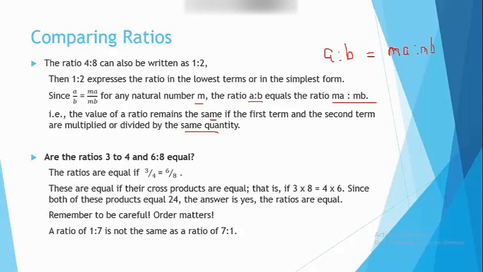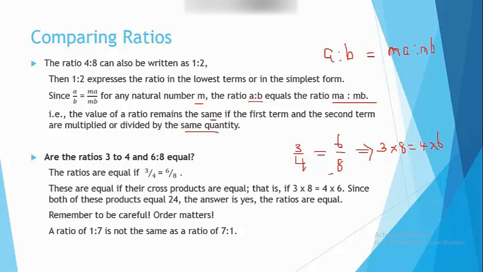So we got 3 times 8 equal to 4 times 6 because 3 by 4 equals 6 by 8 can be changed into the cross product, 3 times 8 equals 4 times 6.